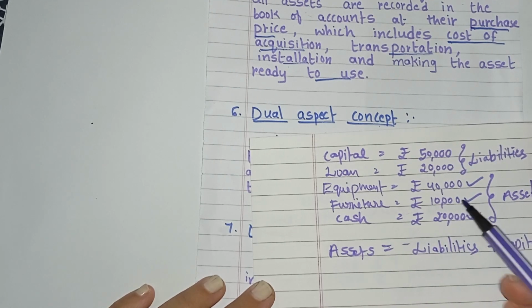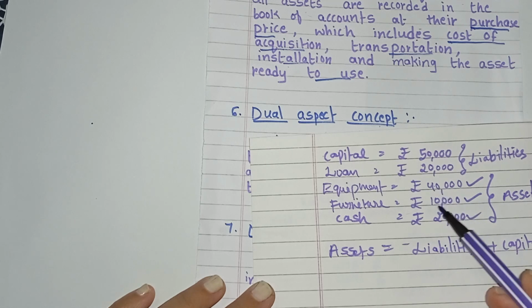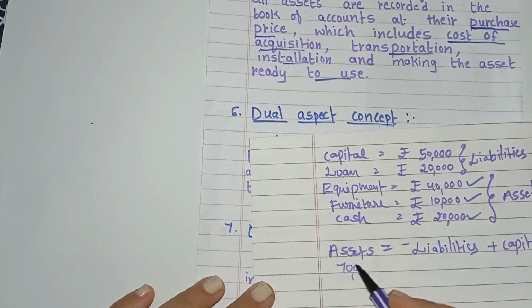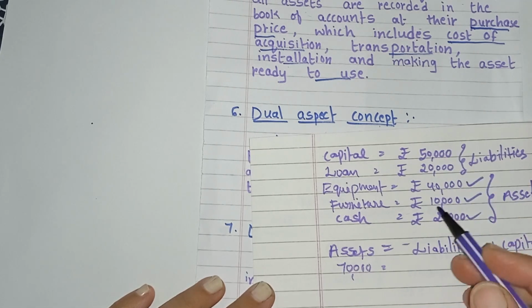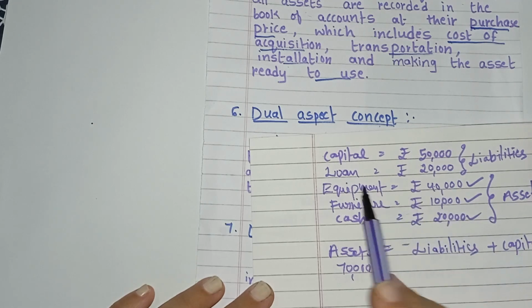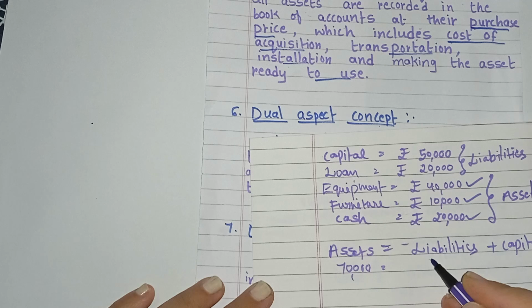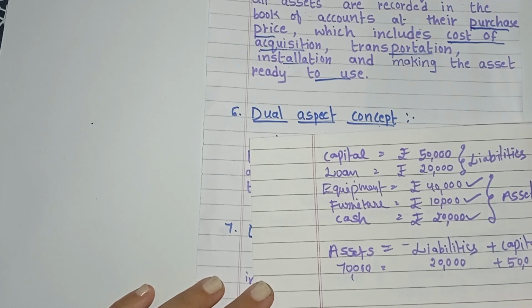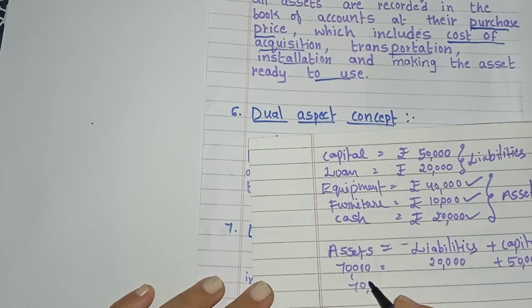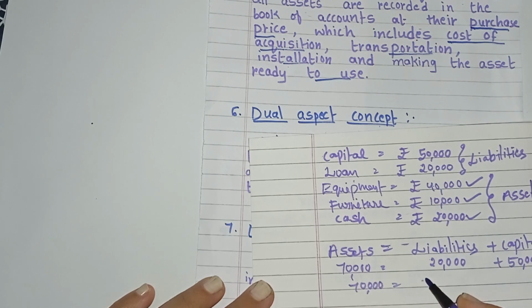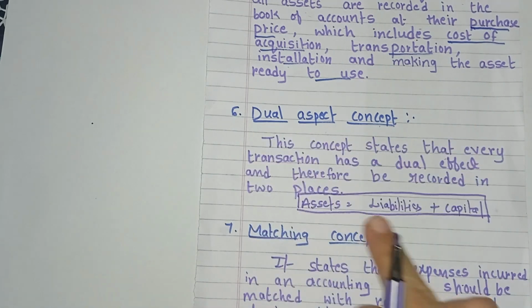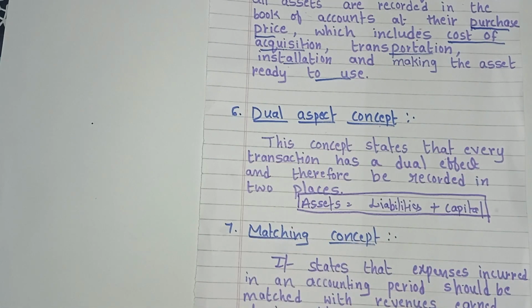Here the total of assets is 40, 50, 70,000. And liabilities: the loan comes under the head liability, that is 20,000, and capital 50,000. So here assets equals liabilities plus capital. I hope this equation is clear to all of you.